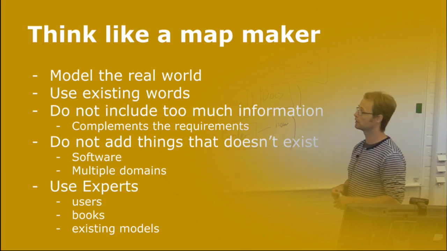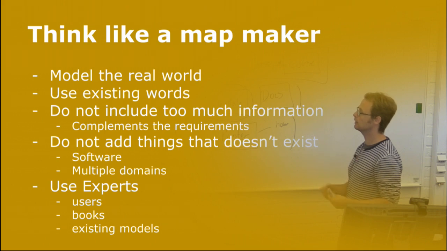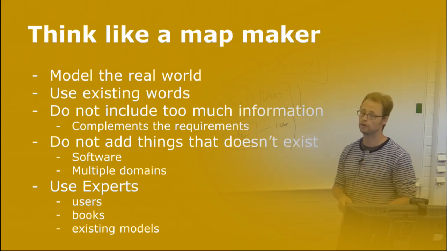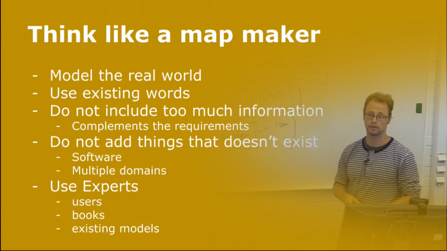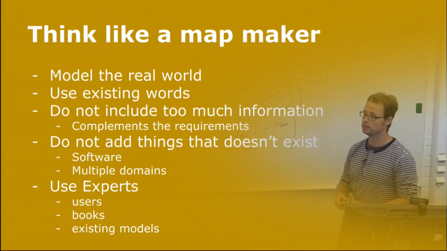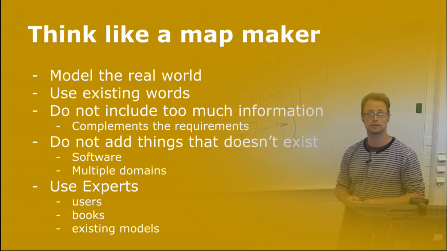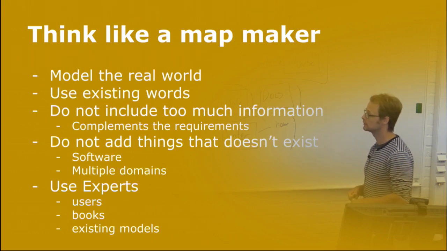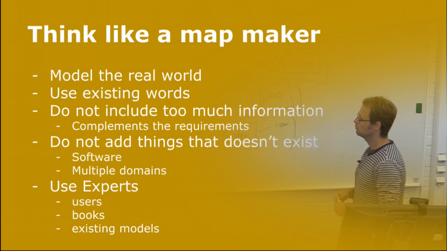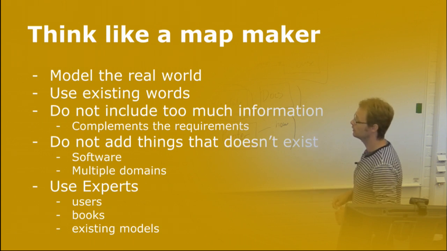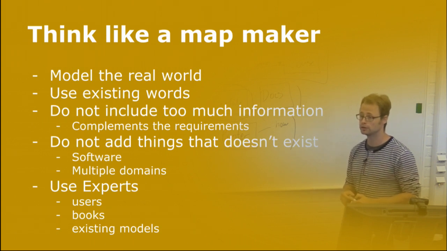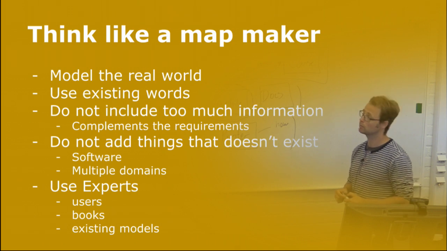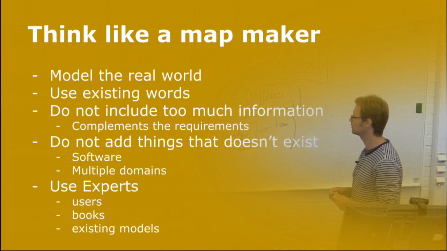Visual models are great, but they can also become very cluttered and complicated. Everything is connected to everything else, and there's 1,000 attributes and stuff, and you really don't see the important stuff. Map makers don't add things that do not exist, i.e. model the real world. Do not add software stuff, technical solutions, if that's not what your problem area is actually about.